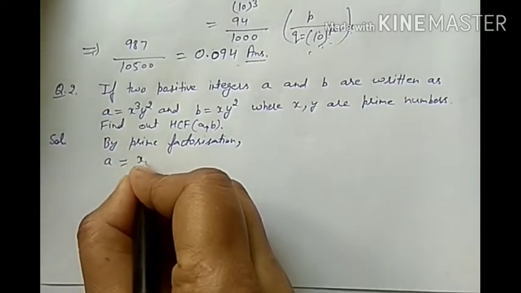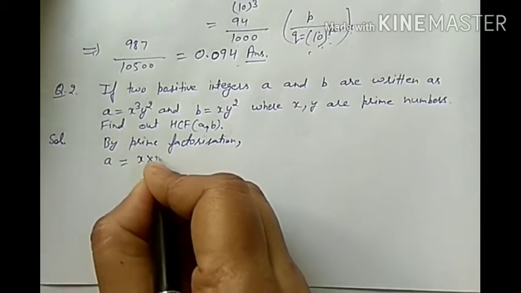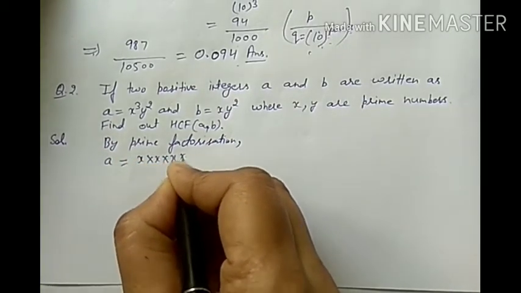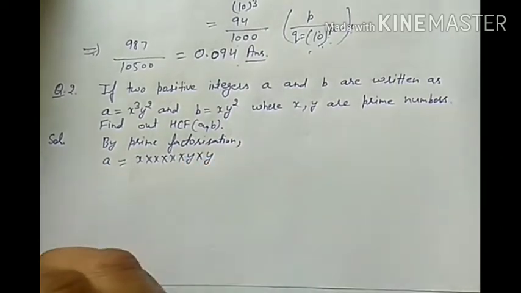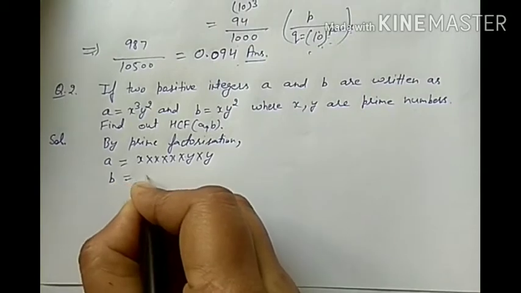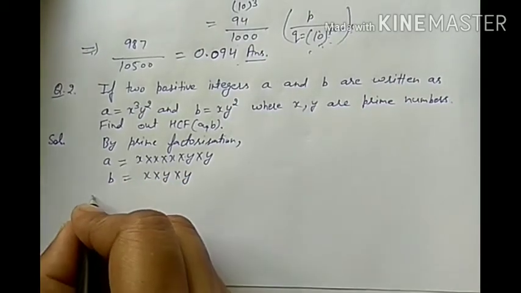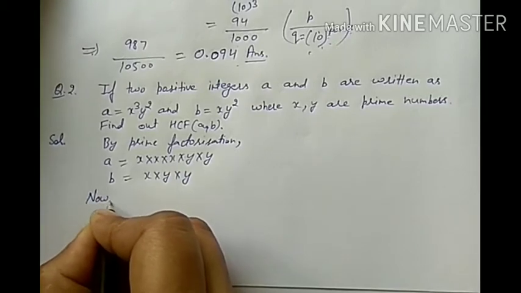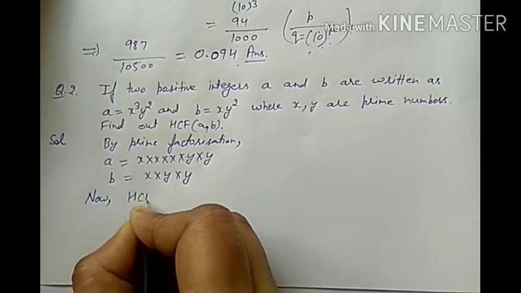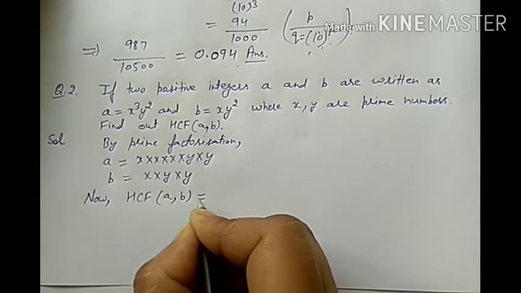Clearly a is equal to x into x into x into y, and b is equal to x into y into y. We have to find out the HCF of a and b. So what are the common factors in a and b?